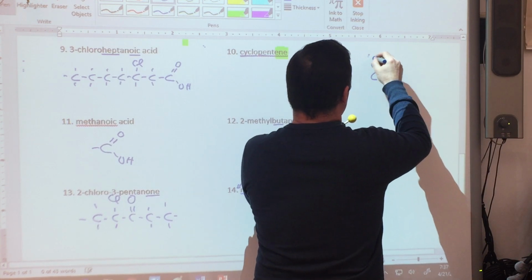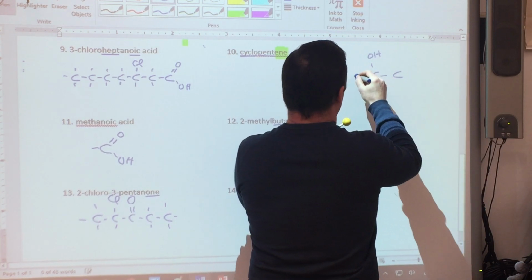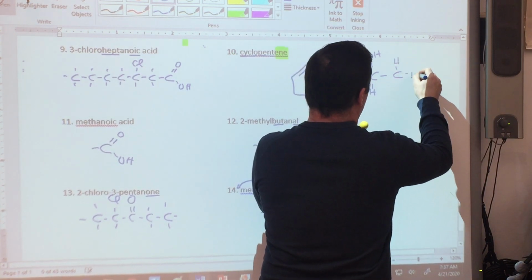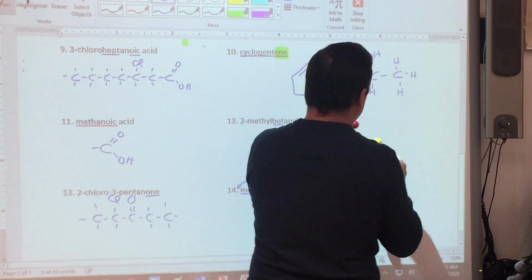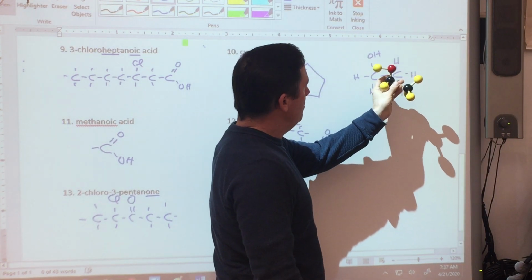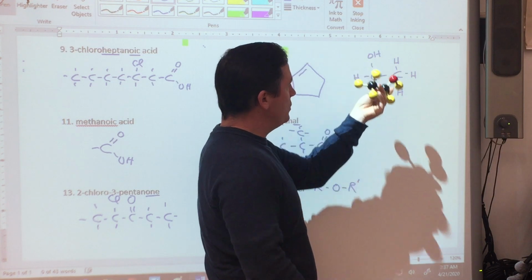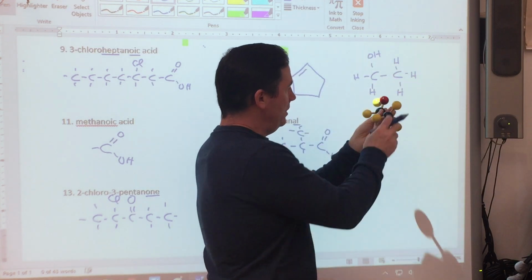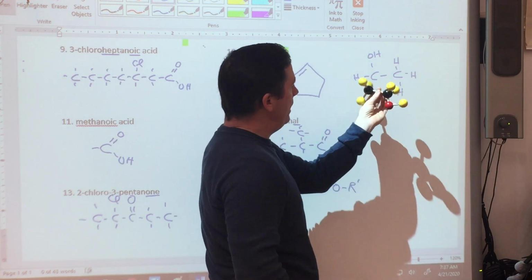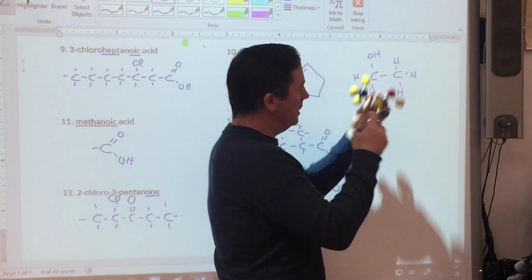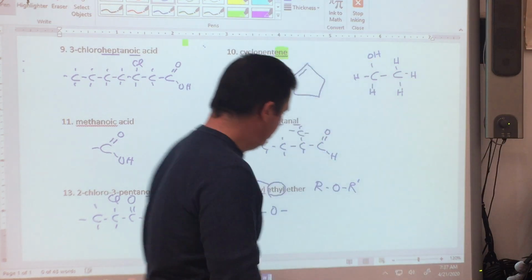This is ethanol. Here I've drawn it like that, but remember these are molecules, so they're constantly moving. You could draw it like that. You can't change the bonding around, but drawn like this, it's the same molecule.